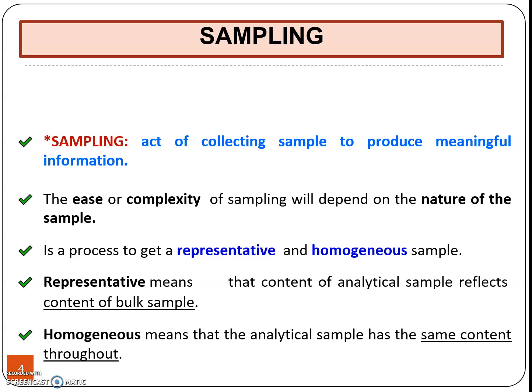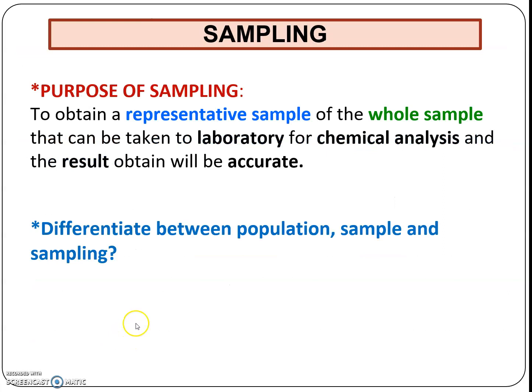If a liquid is not homogeneous, we must do a step to form a homogeneous sample. So the purpose of sampling is to obtain a representative sample of the whole sample that can be taken into the laboratory for analysis, and the result obtained will be accurate.